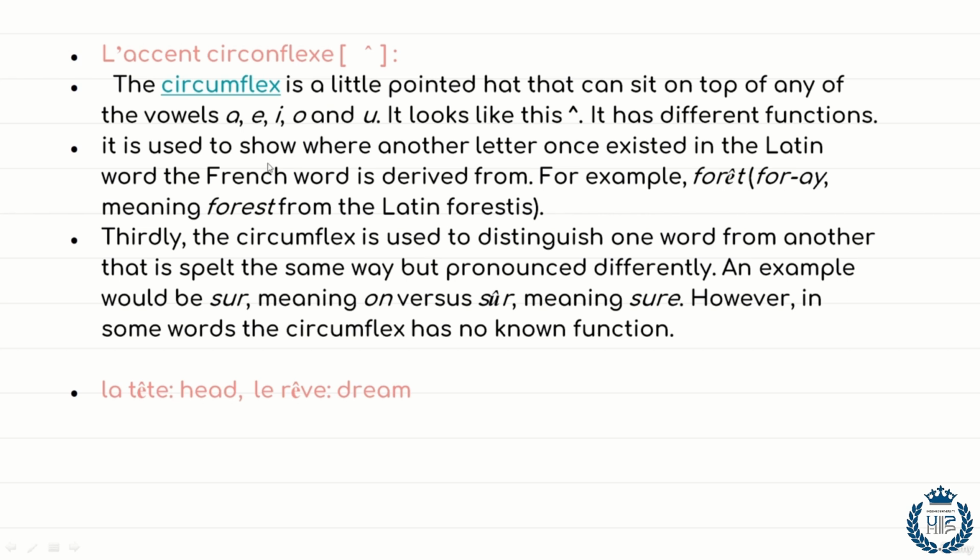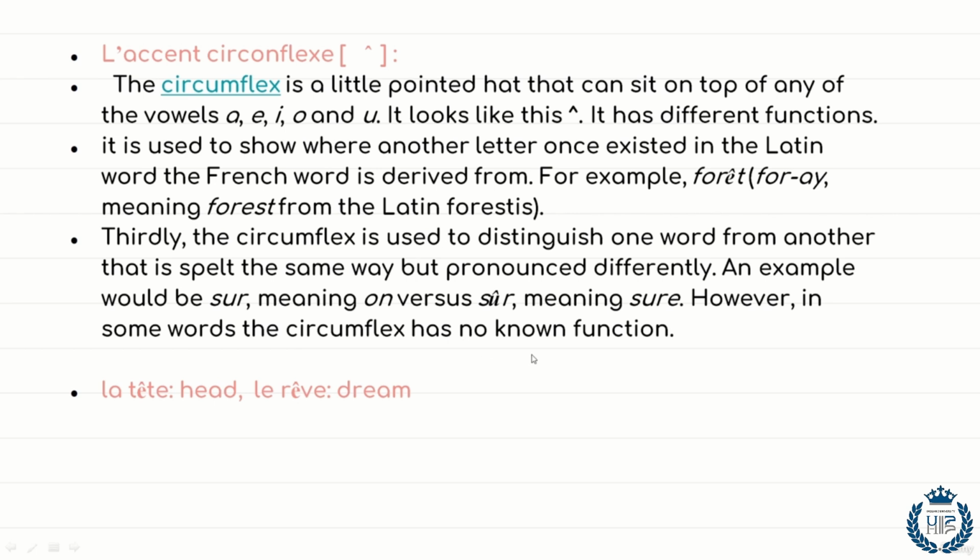It's really interesting, isn't it? And also the circumflex is used to distinguish one word from another that is spelled the same way but pronounced differently. An example would be sur, meaning on, versus sûr, meaning sure. However, in some words, the circumflex has no known function.